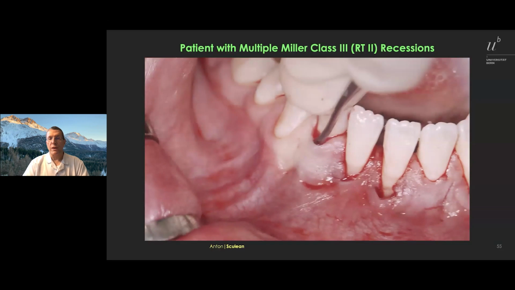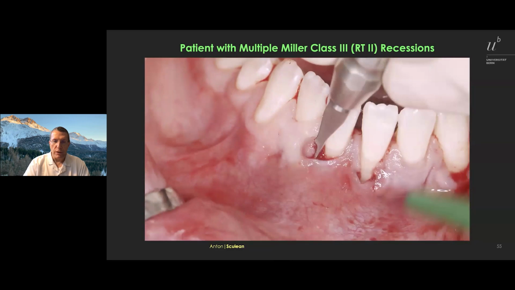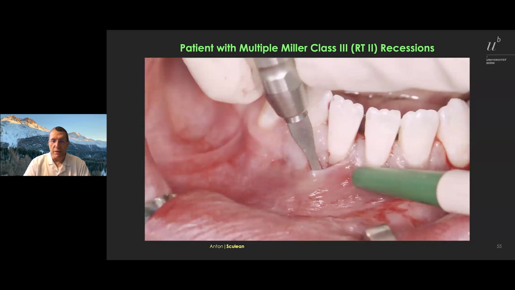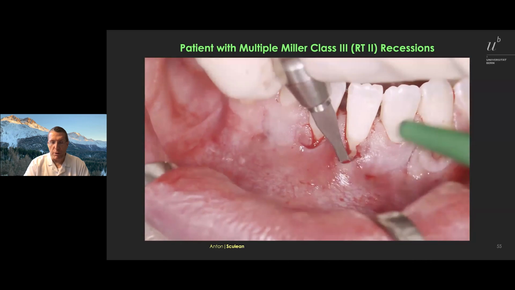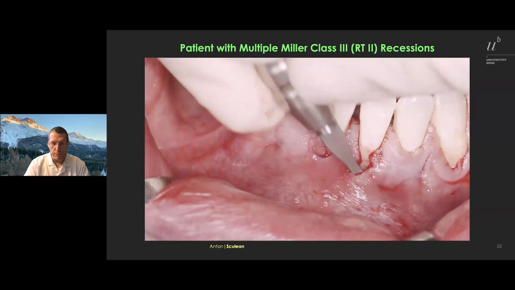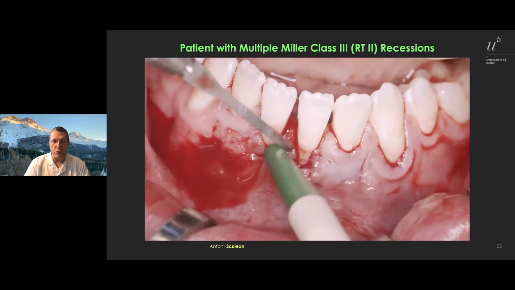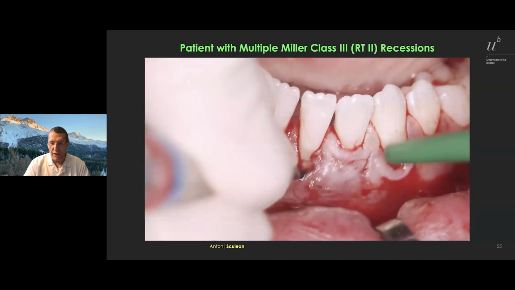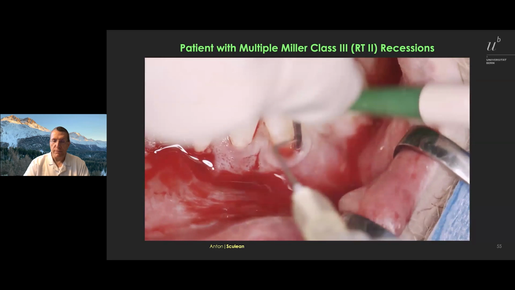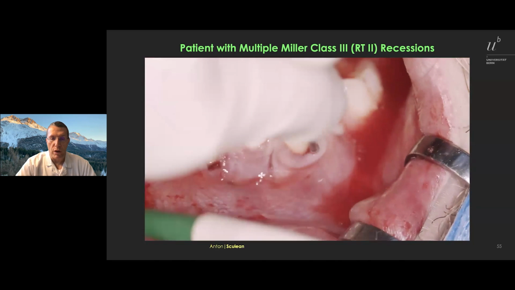So of course, my protocol is always to try to use autogenous tissue only in the situations where it is very, very challenging from a biological point of view. So basically at the 2 central incisors, I use autogenous tissue. However, the rest of the tunnel is going to be filled with a collagen matrix.